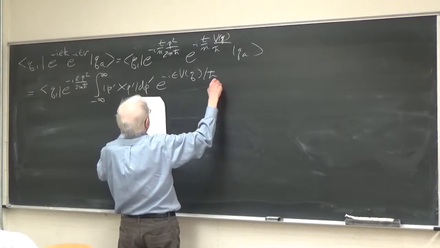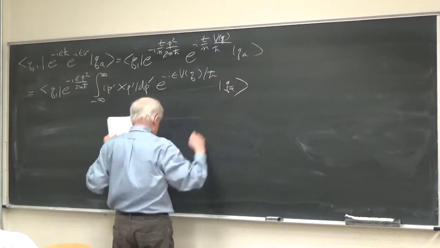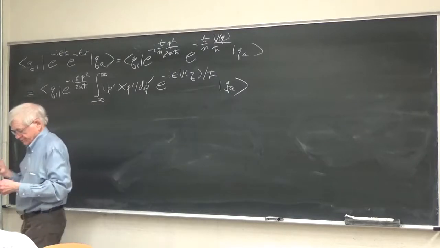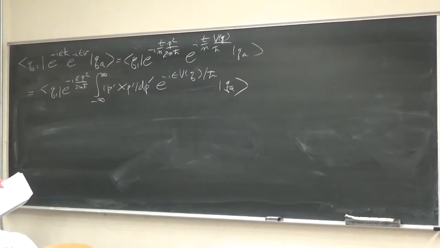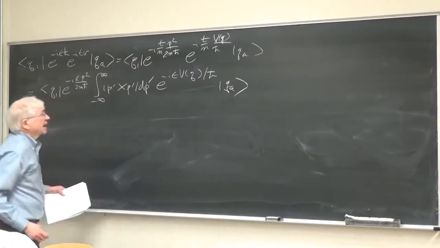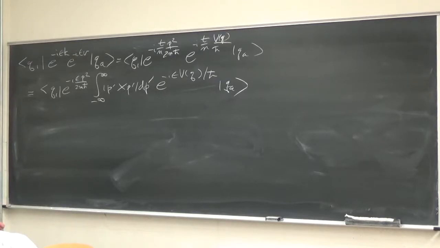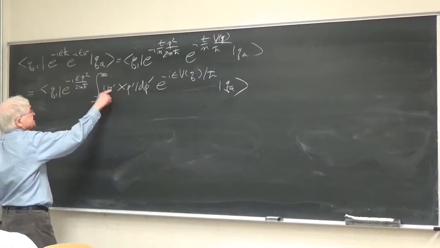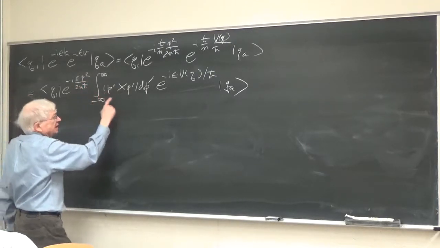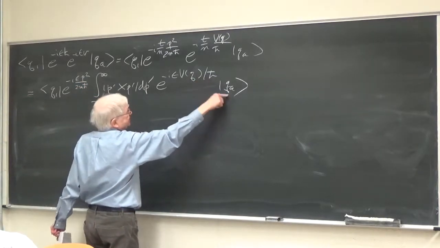Wow, there's a typo. Now, what's the advantage of this? The advantage is that we have an eigenstate of P here, and we have an eigenstate of Q there.